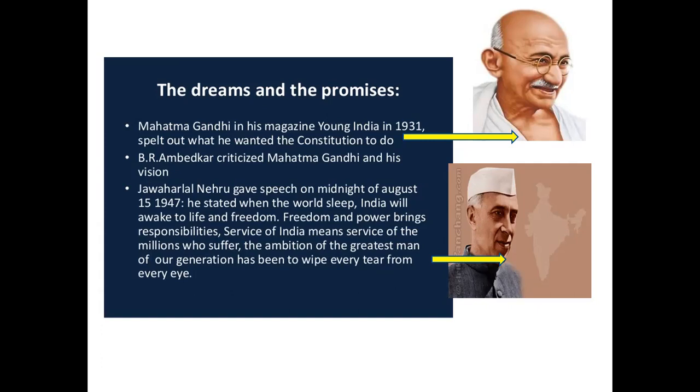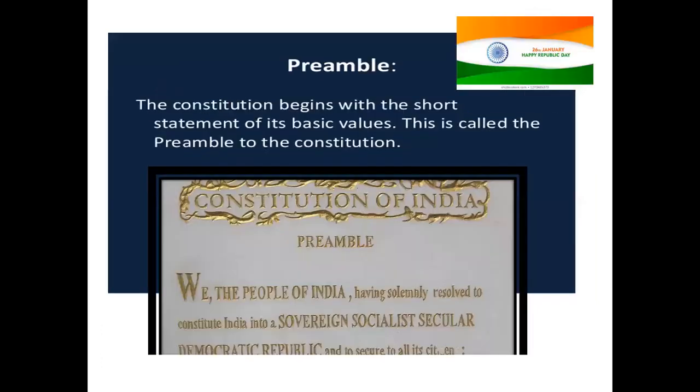He said that the time had come when people believed that leaders like Jawaharlal Nehru would bring an end to all kinds of sufferings, and whatever tears they had would be wiped away. He said it was his responsibility to wipe out the tears of the people of the country.